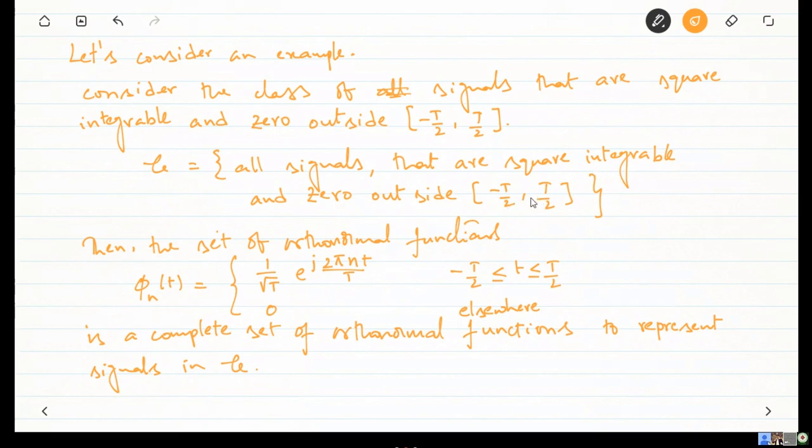So you take any such signal and then you can express that signal as a linear combination of these orthonormal functions. So if you take any signal from this set C, then you can represent that signal as a weighted linear combination of these orthonormal functions, such that the error energy becomes 0.